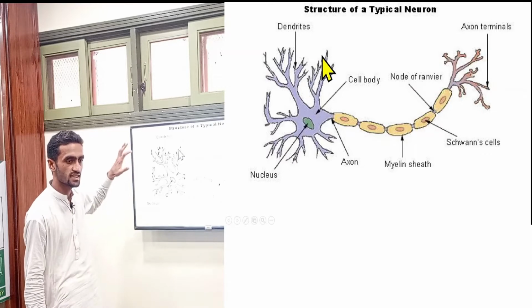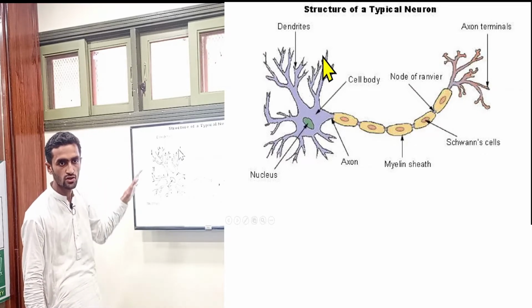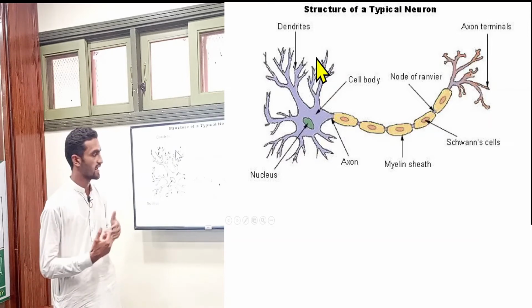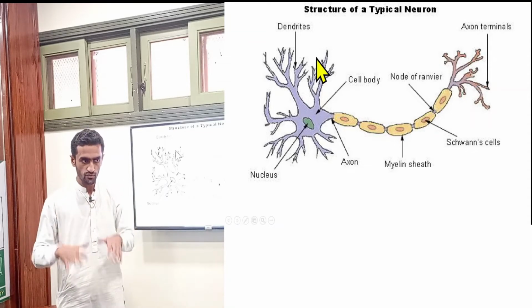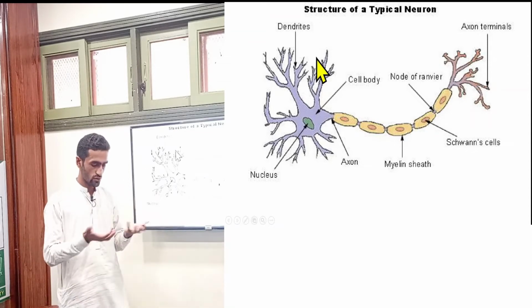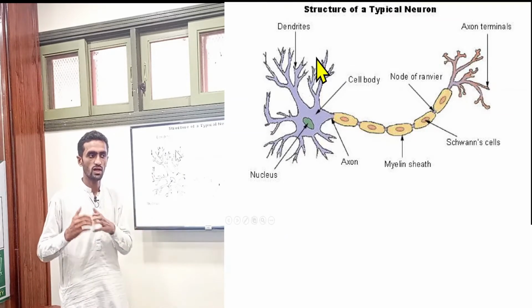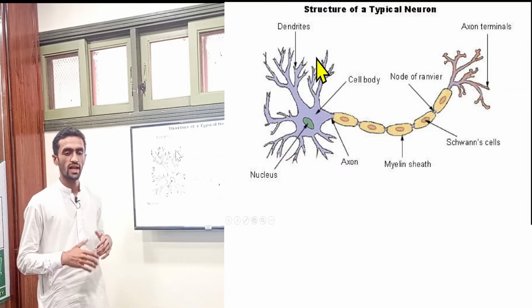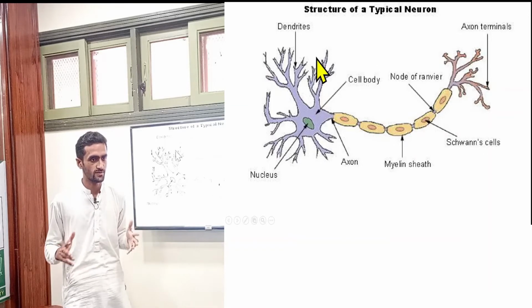The dendrites take signal from the periphery to the central nervous system, receiving the signal, and the axon takes it away. So if you look at your receptor, at the receptor level, what is present? Dendrites or axon?